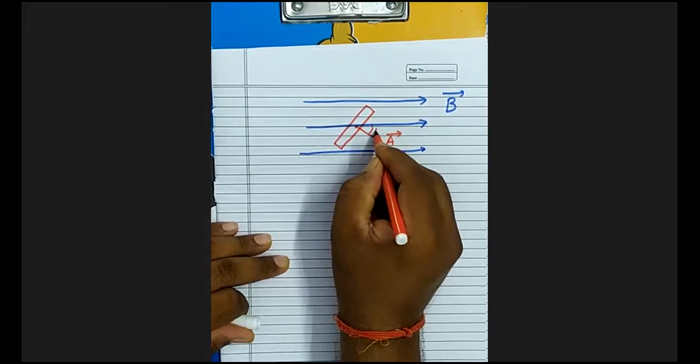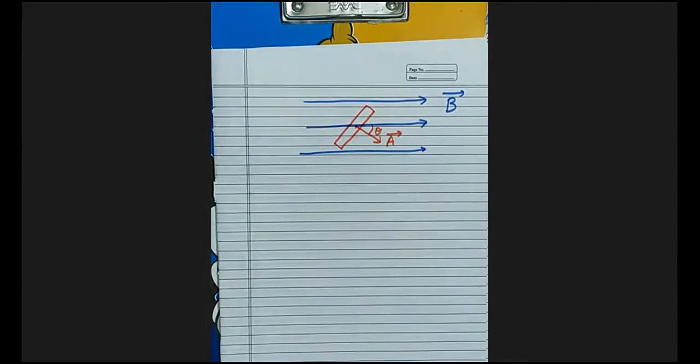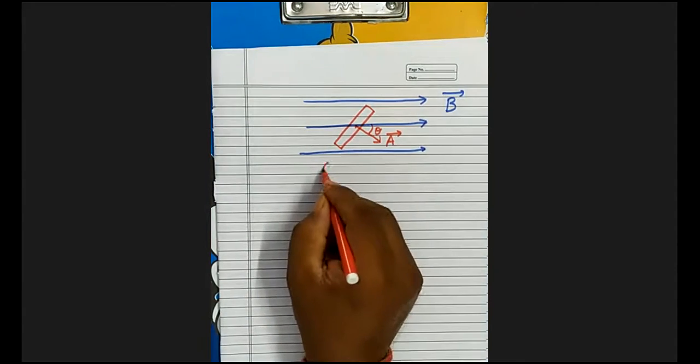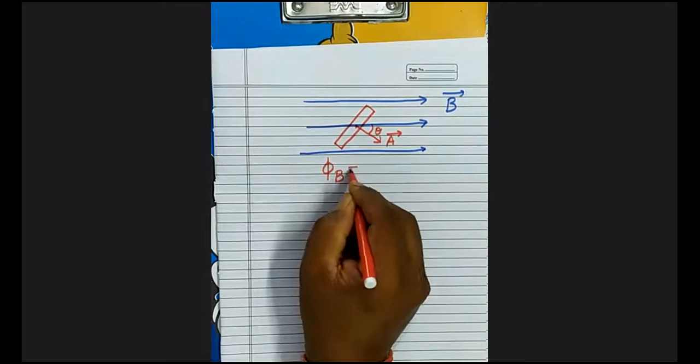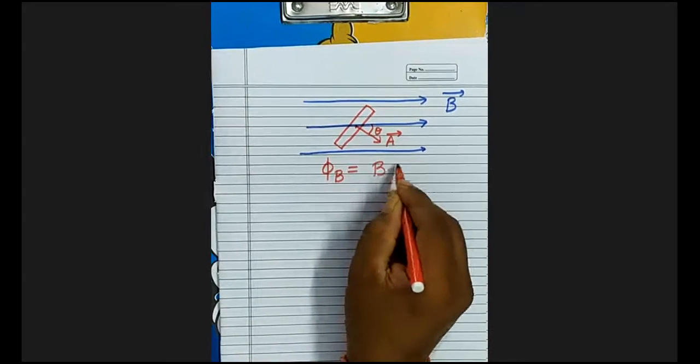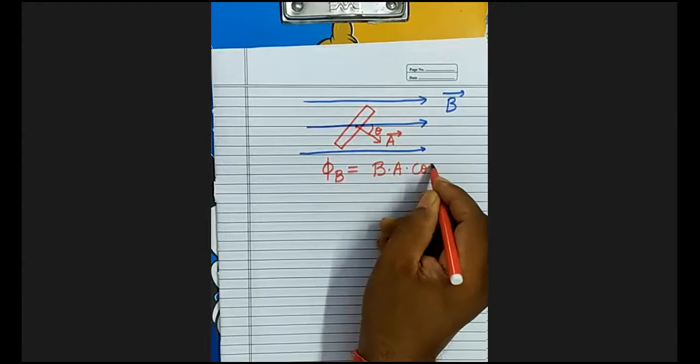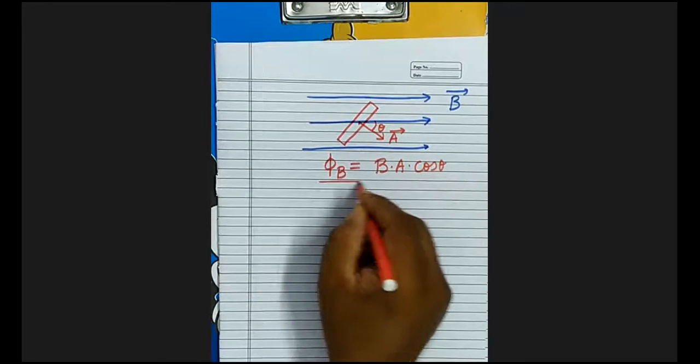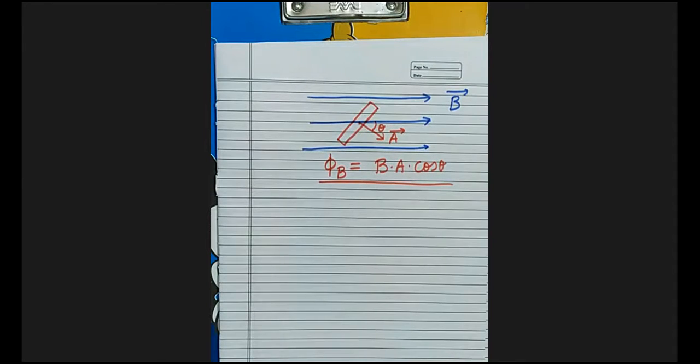Angle will be theta. So what is magnetic flux here? It will be B into A into cos theta. It's clear. So now in this way, this magnetism has finished.